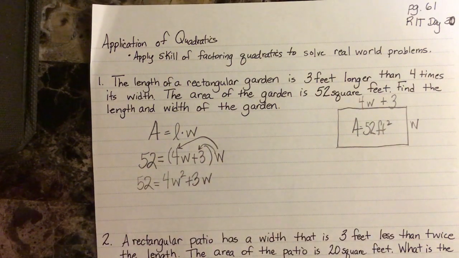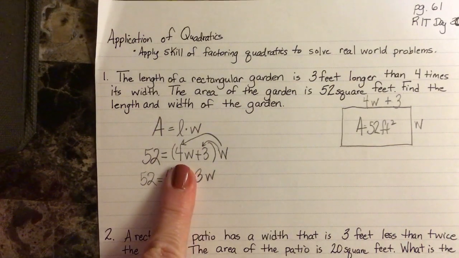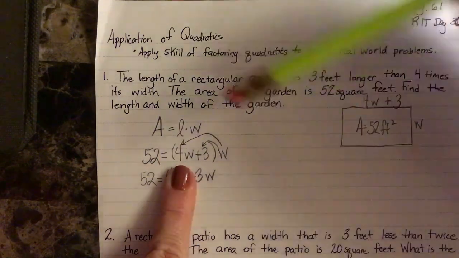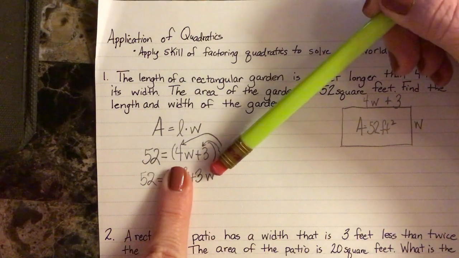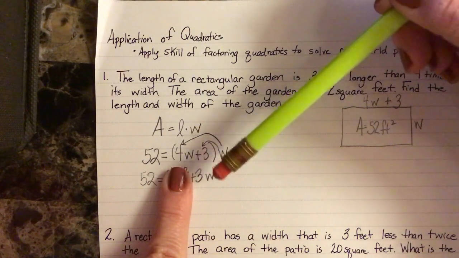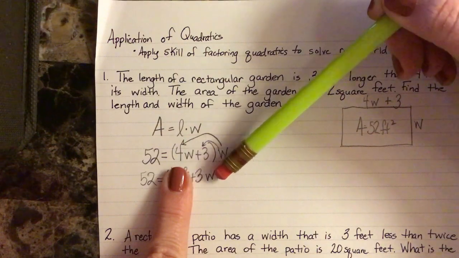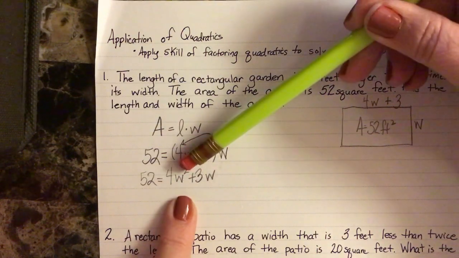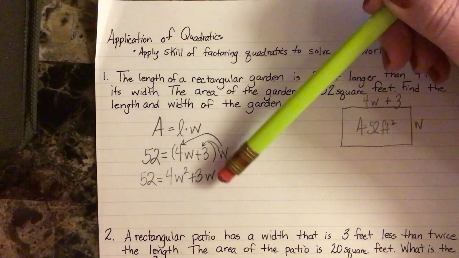Now up until just recently in Algebra 1 Honors, you have only known how to solve a linear equation. And let me just cover up this 4W squared. So you've only known how to solve an equation when your variable is raised to the first power. It changes when you start having exponents other than 1 for your variable.